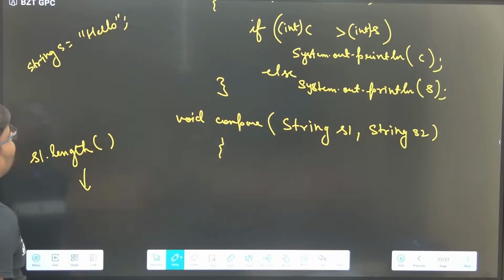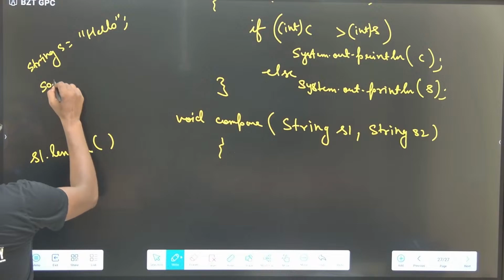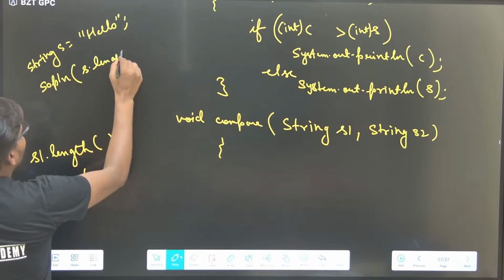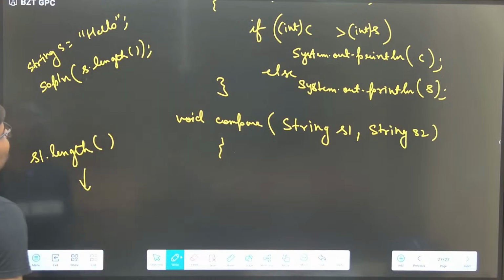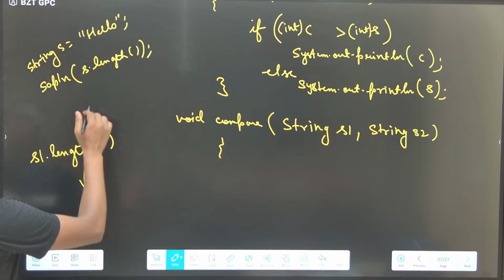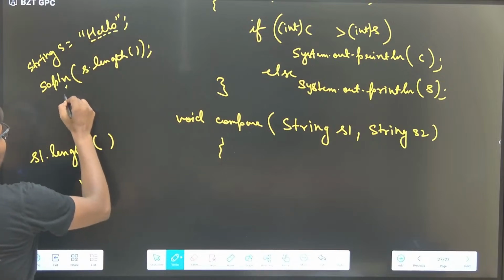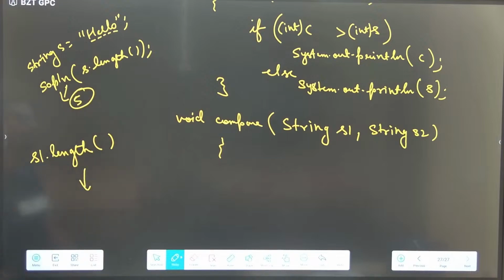Now, if you do System.out.println of s.length, what will happen? It will find the length 1, 2, 3, 4, 5. So this output will be 5.